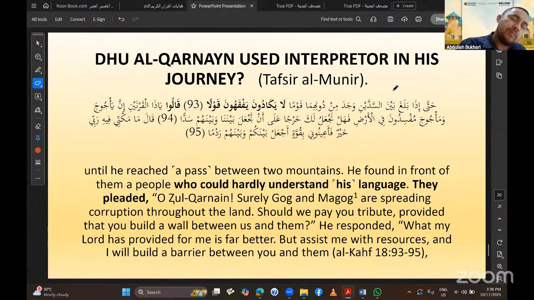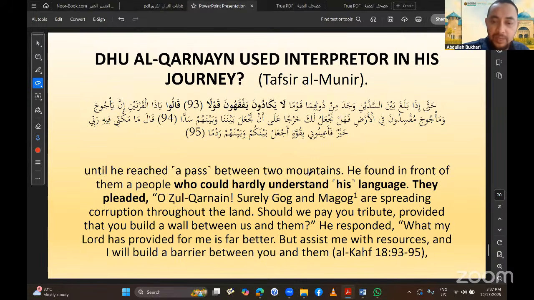Even though it is not mentioned in the Holy Quran exactly where the place was, the scholars of tafsir say that this happened to be somewhere in Russia, Azerbaijan, and the language of the people of that region was totally different from the language of Dhul Qarnayn. And even so, they managed to communicate.